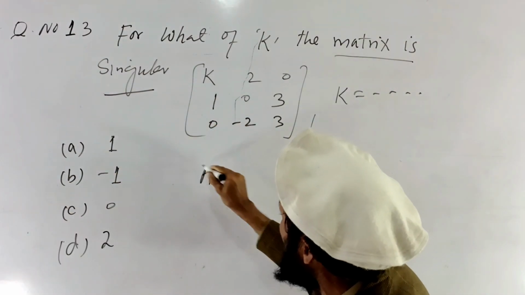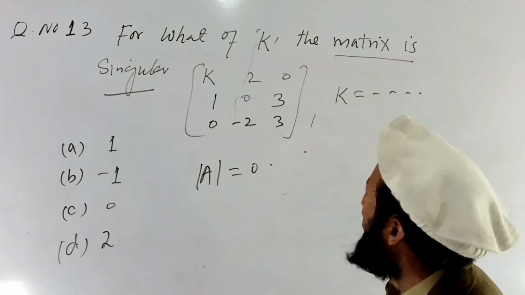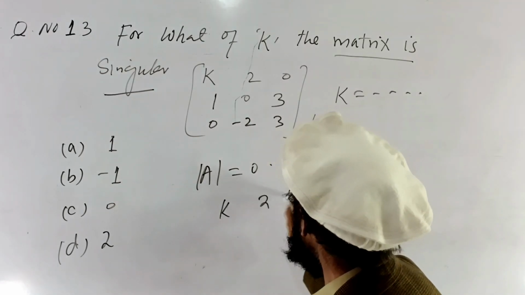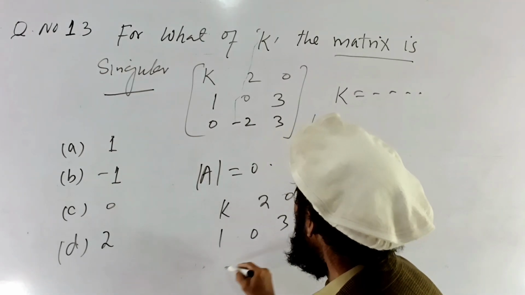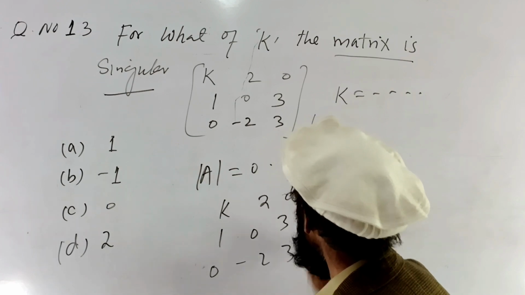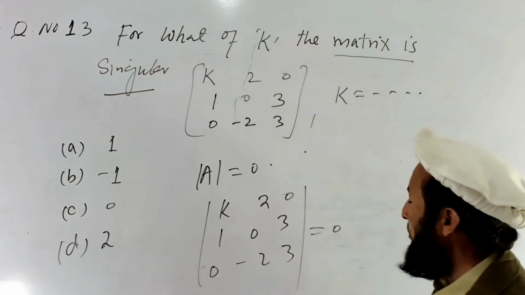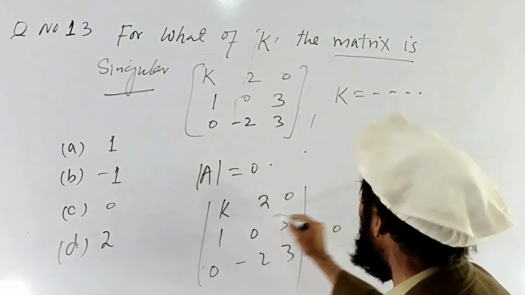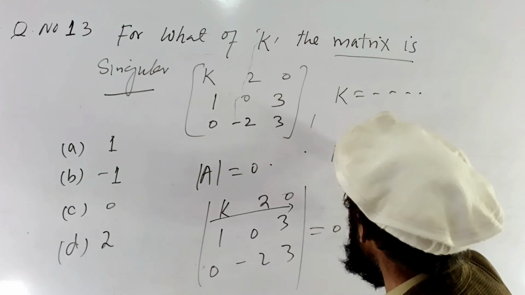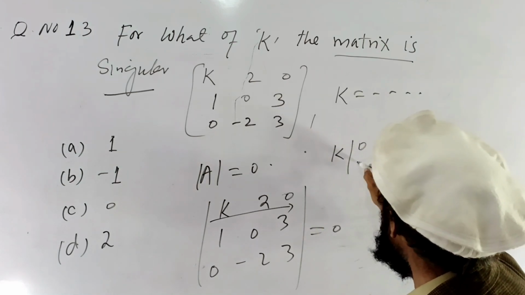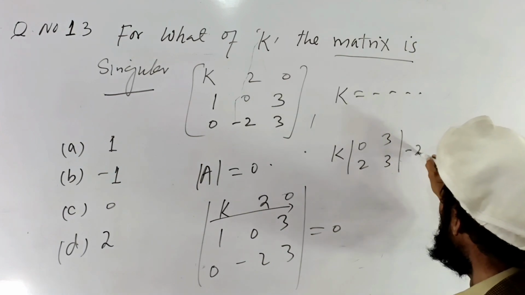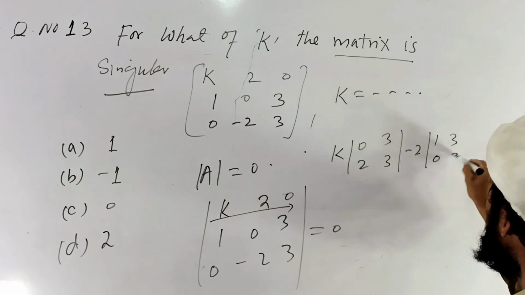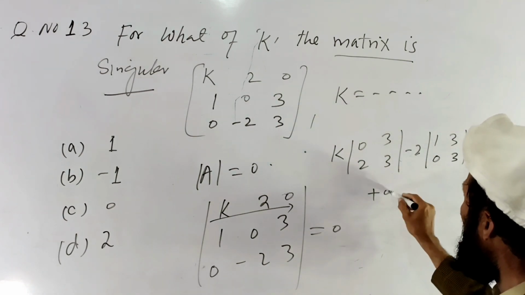Singular means the determinant is equal to 0. If we find the determinant of this matrix with respect to K, 2, 0, 1, 0, 3, 0, minus 2, 3, expanding by the first row, K times the determinant of 0, 3, minus 2, 3, minus 2 times the determinant of 1, 3, 0, 3, plus 0.